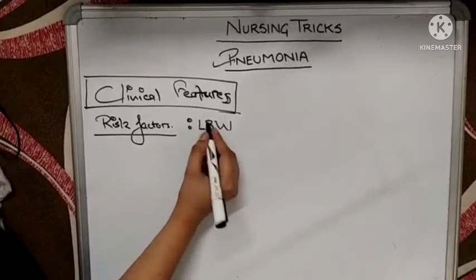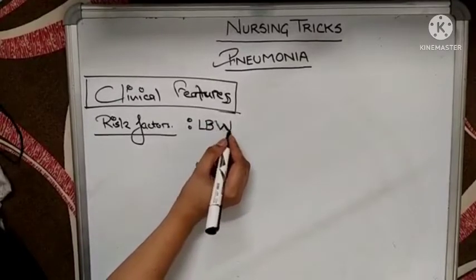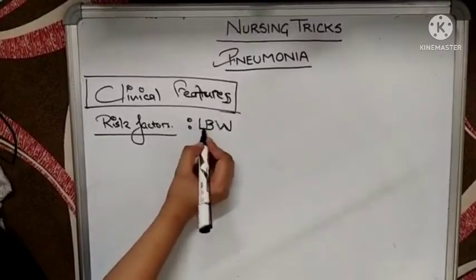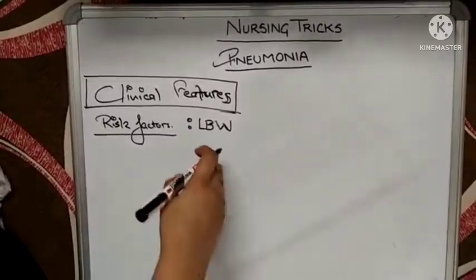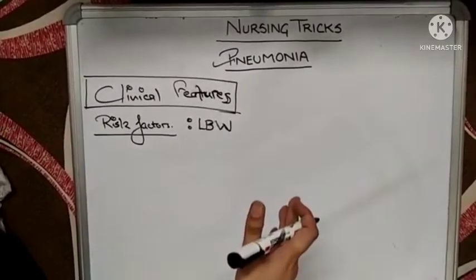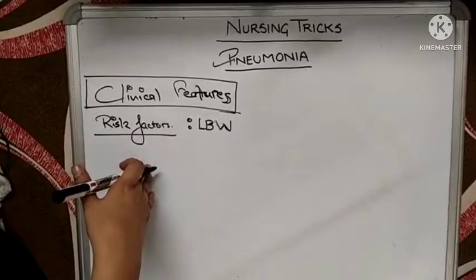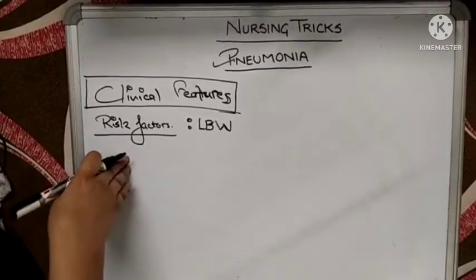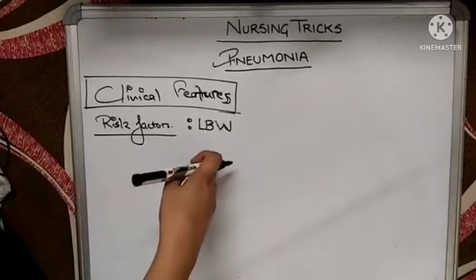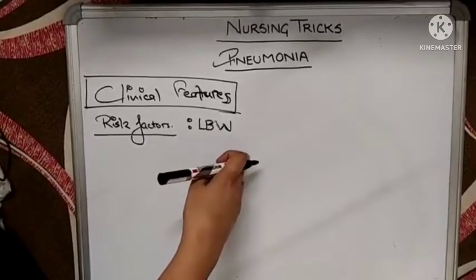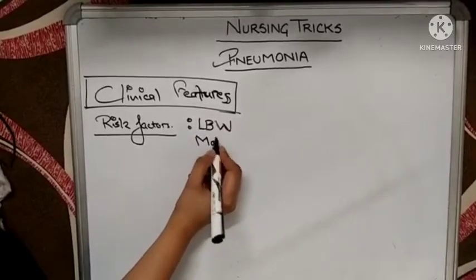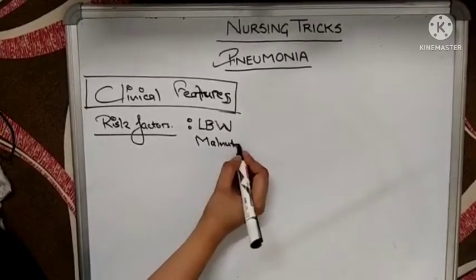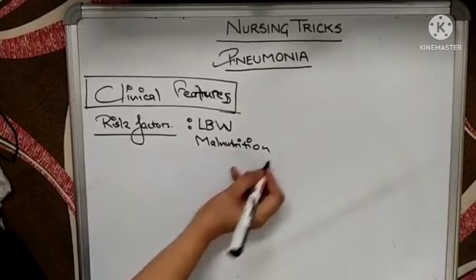If a newborn has a low birth weight, the child may have severe malnutrition, or the child may have an immunocompromised state. We saw in the previous classification that these two things can precipitate pneumonia. Then malnutrition we have already seen.